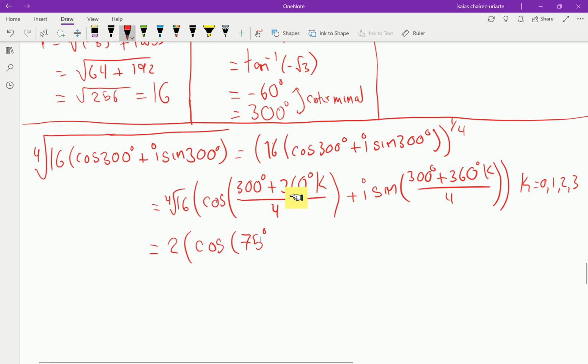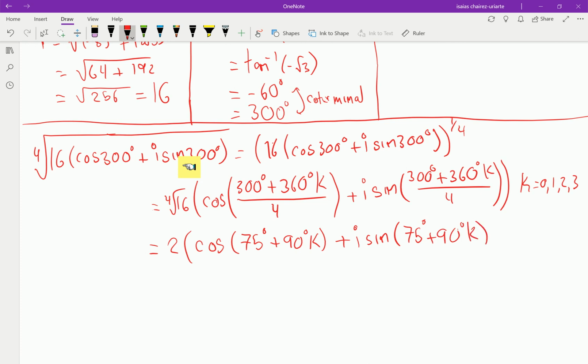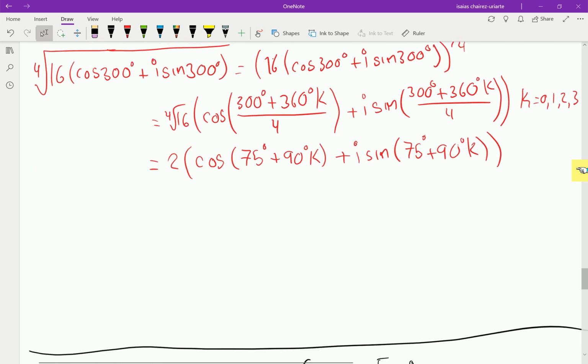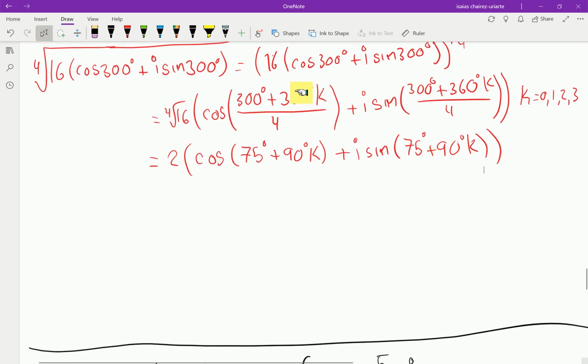And 360 divided by 4 becomes 90. So 75, 90. And k still varies between 0, 1, 2, and 3. Alright, so technically here we're done, but now let's actually differentiate each single root.